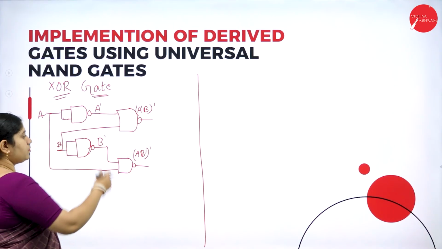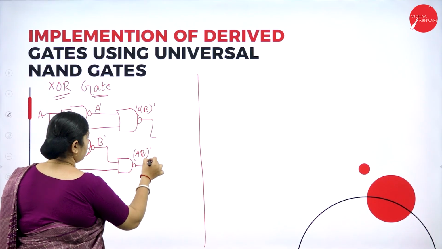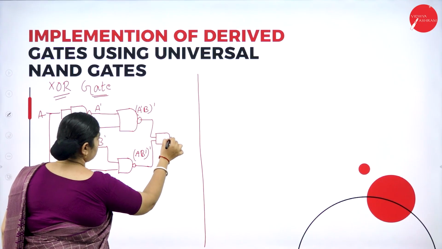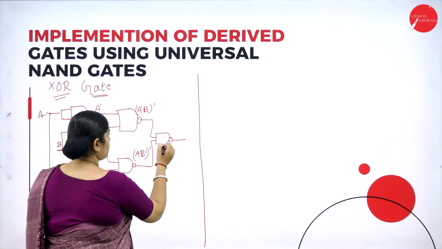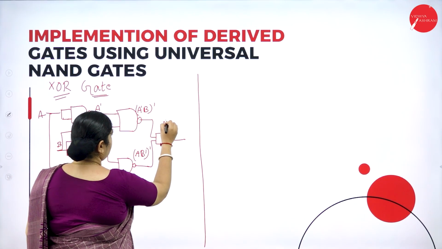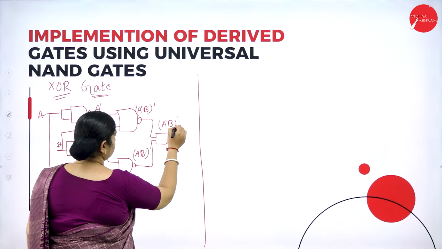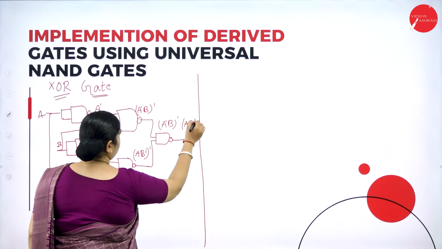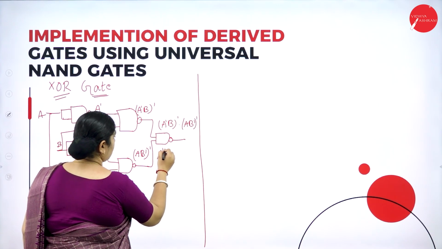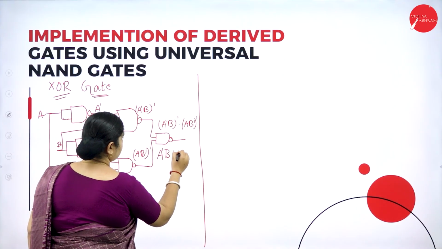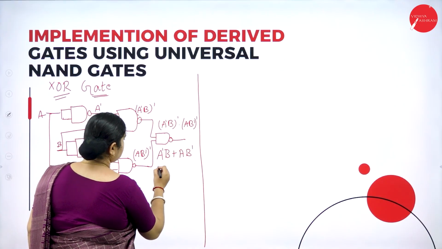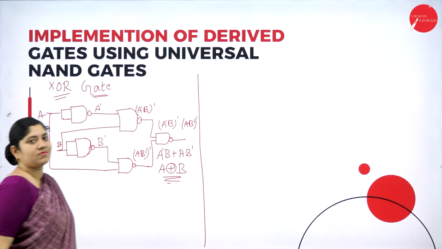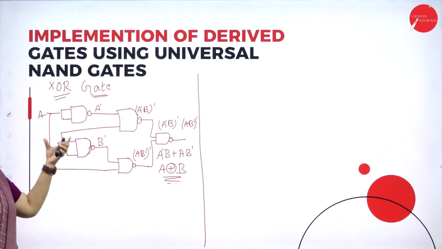Finally, we have to combine these by using one more NAND gate. By De Morgan's law, we can say (A dash B) whole dash followed by (A B bar) whole bar will give us A dash B plus A B dash, which is nothing other than A XOR B. So this is with respect to the XOR gate.